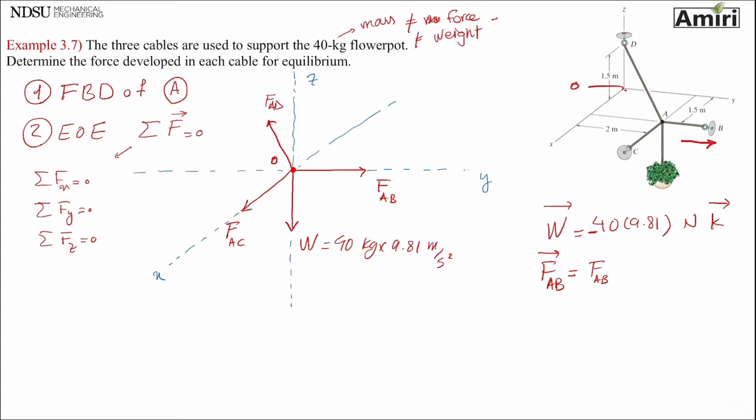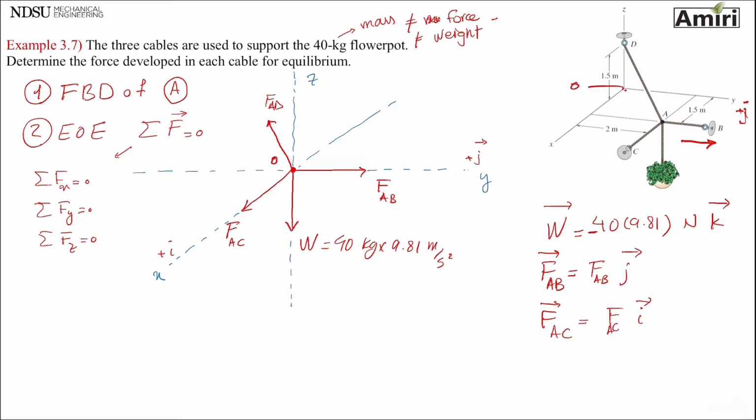It's parallel to y-axis, so it's pointing to positive J. Here, it's right on the axis that I drew because I decided to draw it right there. Still pointing towards positive J. Doesn't matter. As long as it's parallel to y-axis, it has the same direction as y-axis. So all I have to do is put a J next to it. FAC, you guessed it. FAC, all I have to do is put a plus I next to it.